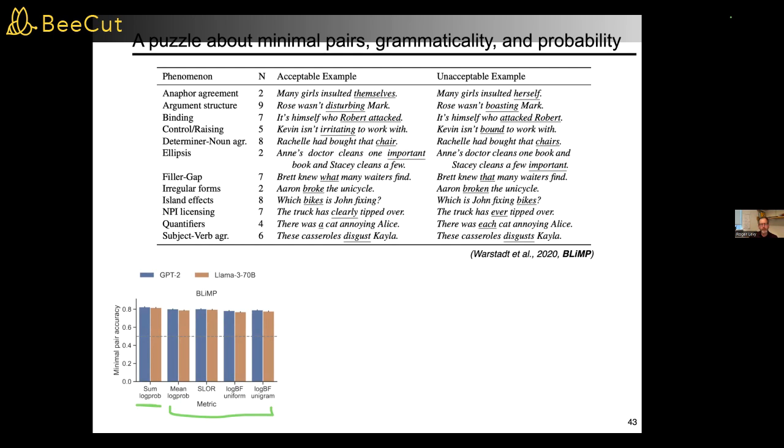The models are always around 80%. Interestingly, Llama is actually not better than GPT-2 on minimal pairs. So it seems you didn't need to get to Llama 3. Already with GPT-2 in 2019, you were capturing these broad grammatical facts about English.